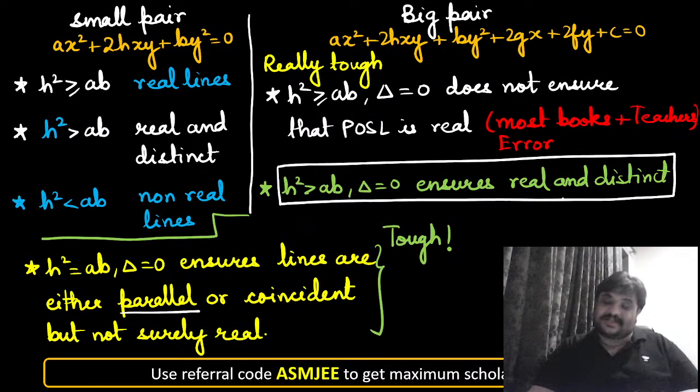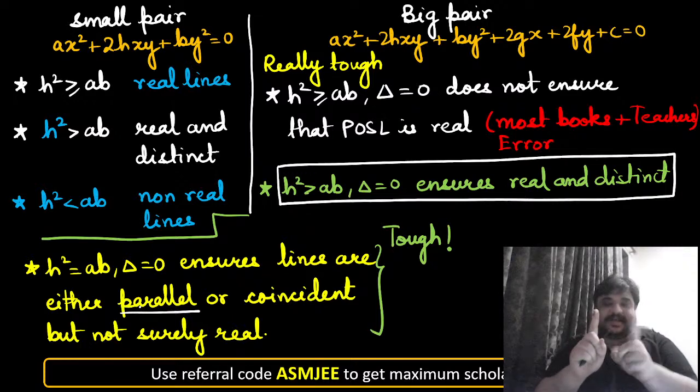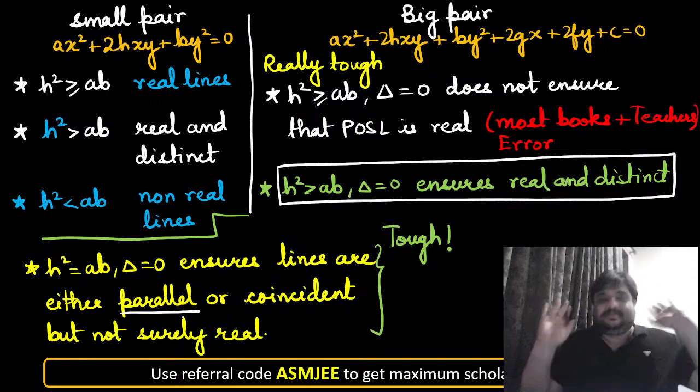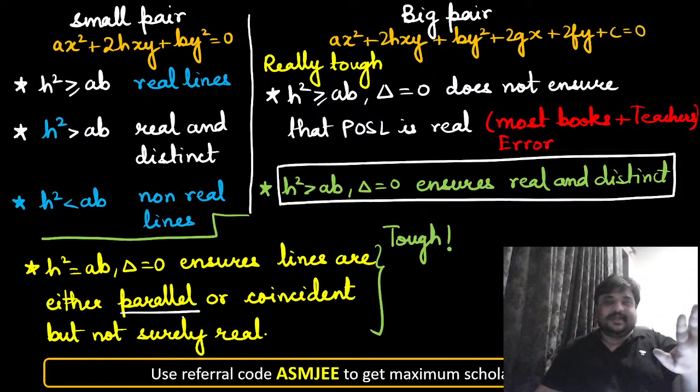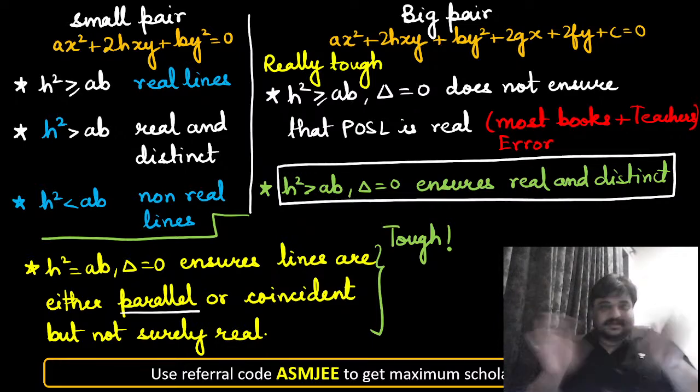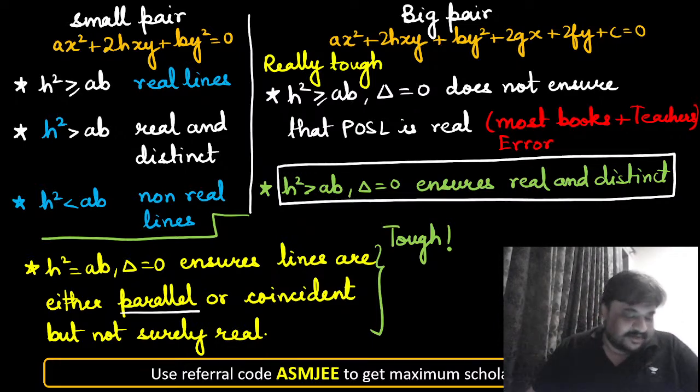So even the real and distinct case is not completely covered by this. Some people think that the real and distinct case is completely covered by this. Not true. So there is a lot of mess here. So good books, JEE try to skip that. They don't look at it.